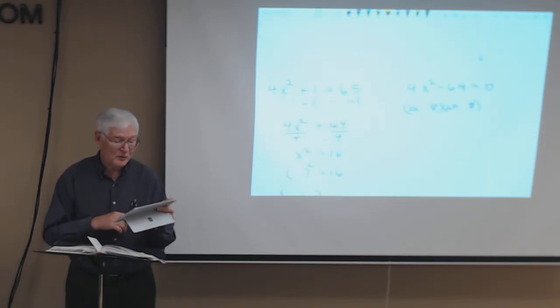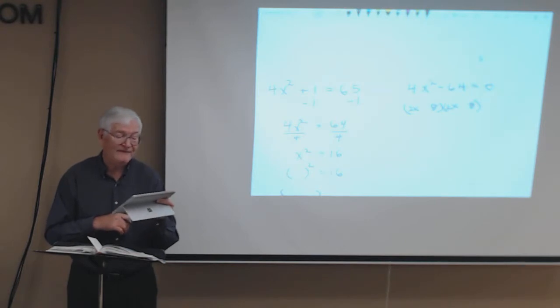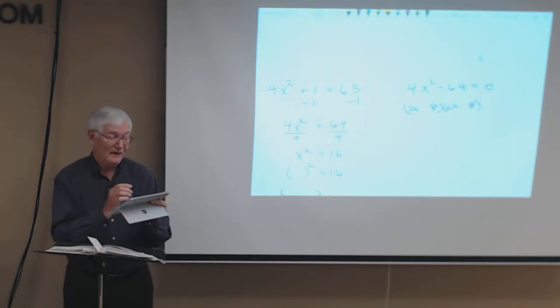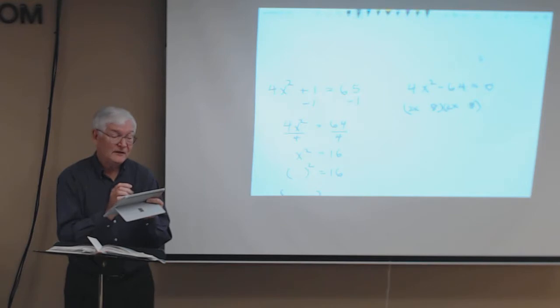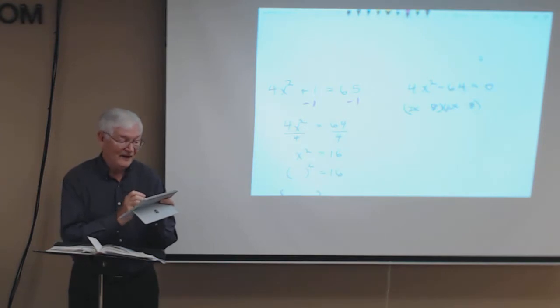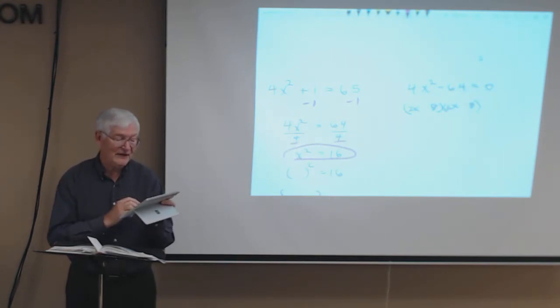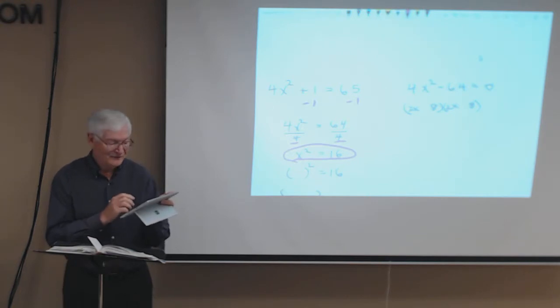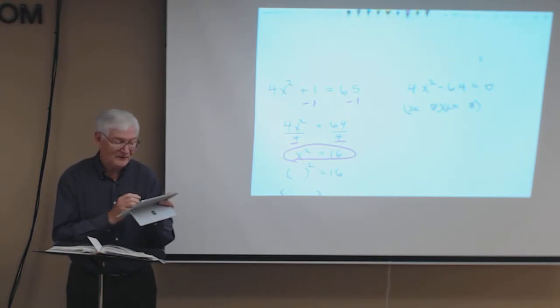4x squared plus 1 equals 65. Well, if I subtract 1 from both sides, I get 4x squared equals 64. And if I divide both sides by 4, I get x squared equals 16. So what two numbers multiplied would give me 16?